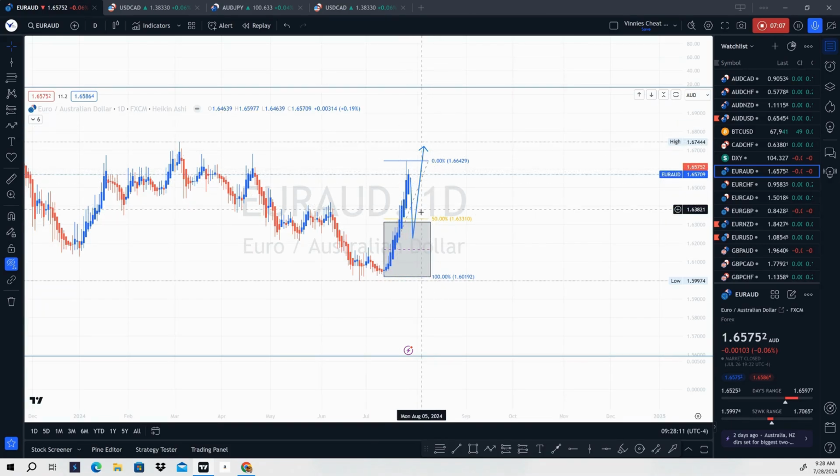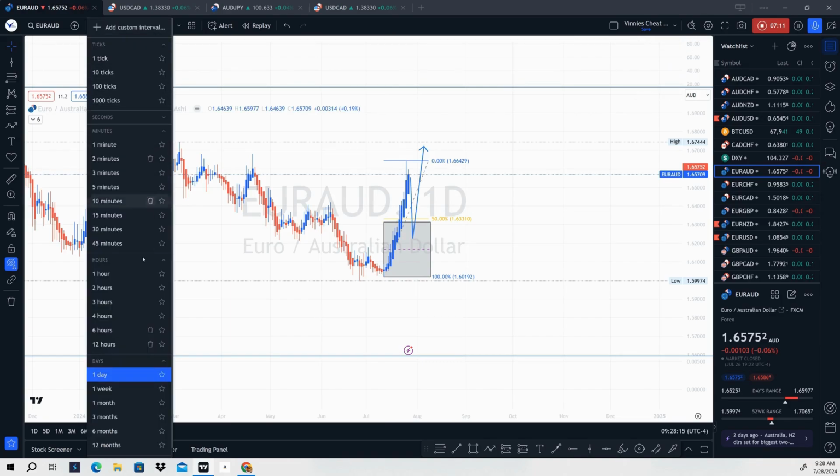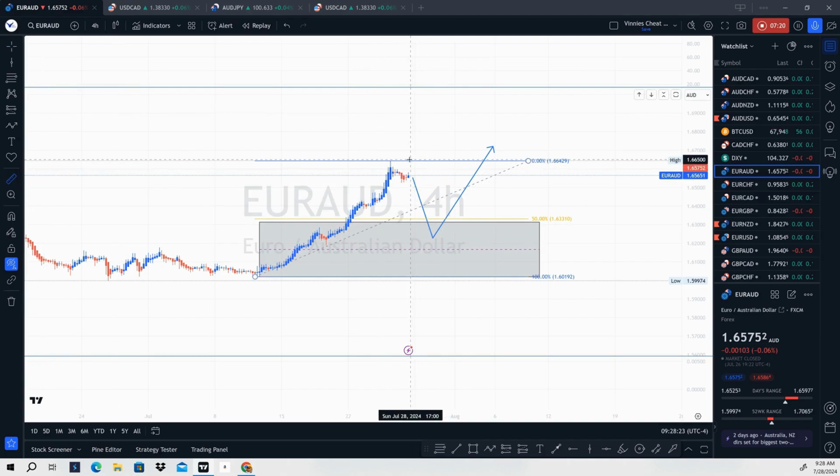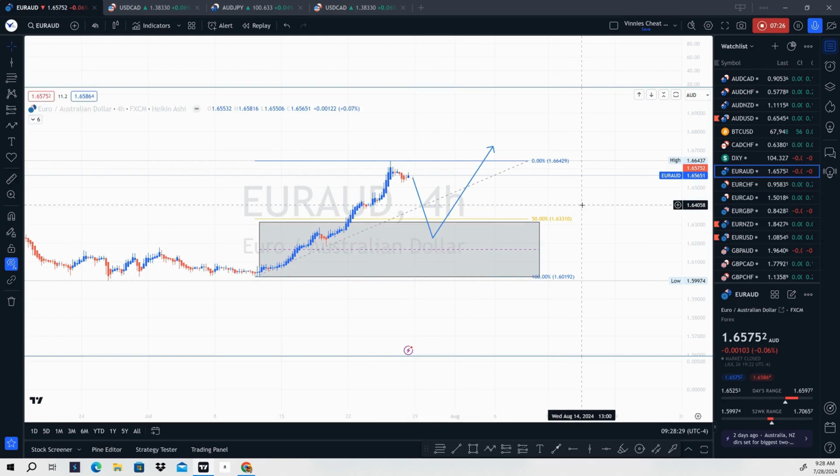But in the meantime, since we're trading off the higher time frame, 4-hour time frame, you can definitely get a nice amount of pips. So if you enter in this position, let's say price went back, tested high. Okay, that's over 300, 400 pips with just that pullback. So that's more than enough.